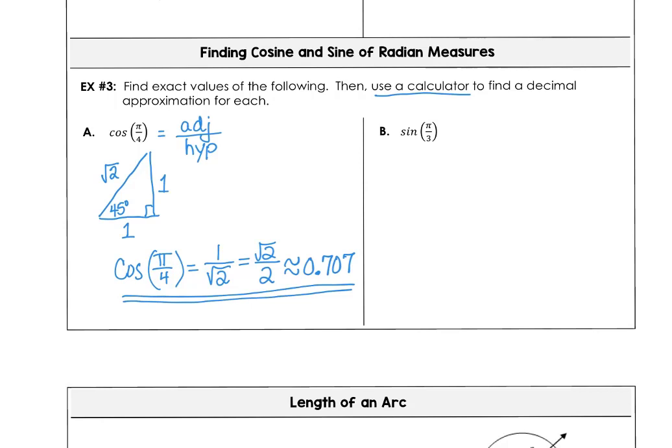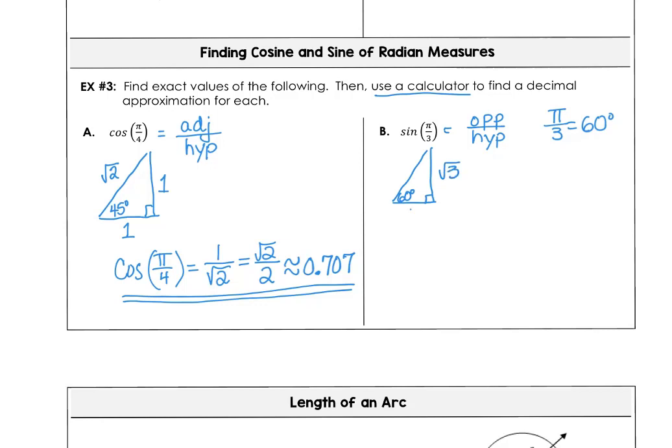In part B, sine of pi over 3 is the side opposite divided by the hypotenuse. And we know pi over 3 is the same as a 60-degree angle. And using those reference triangles from geometry with 60 degrees, the side opposite 60 degrees is radical 3.